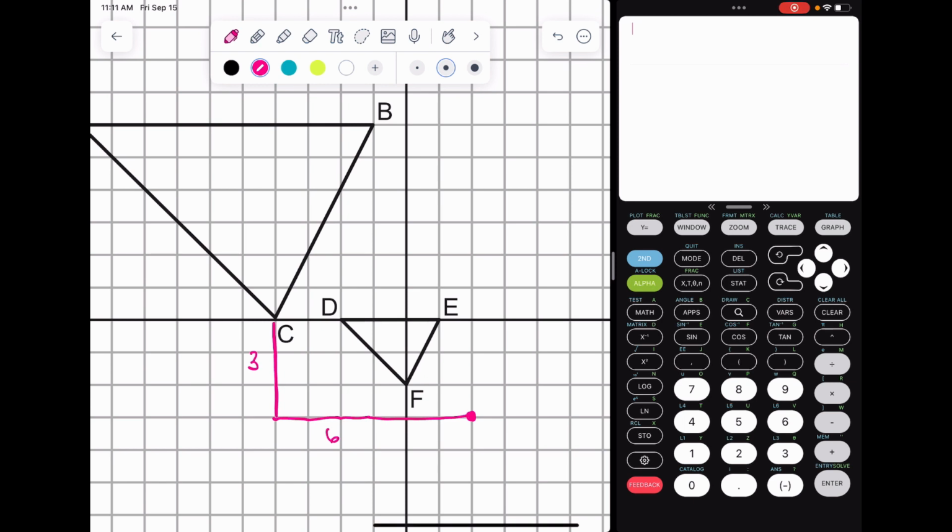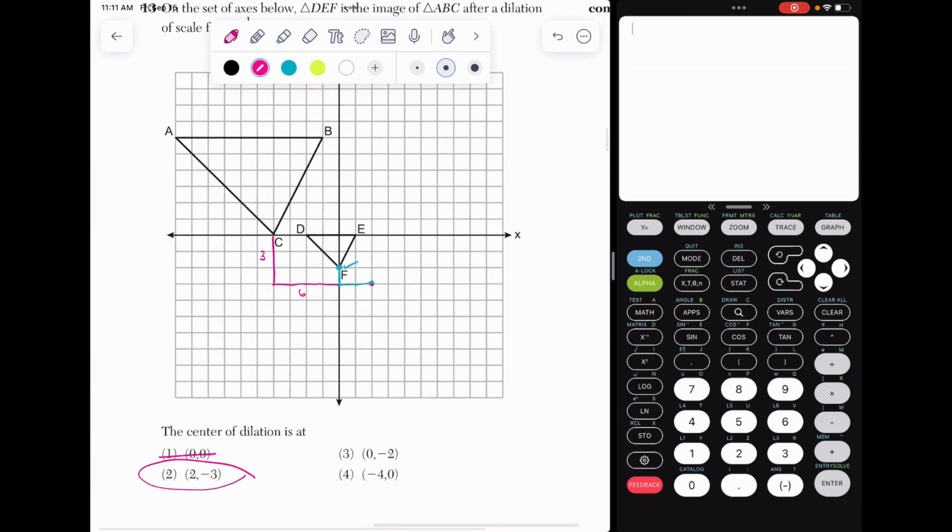So if I divide each of those values by 3 or multiply by 1/3, I'd be going, I'll do this in a different color, left 2, up 1. And you can see that lands where F is, and that works. That's what we want to happen. That means the dilation is showing 1/3 as the scale factor. I could do the same thing for D and E, and that will verify my answer, but the answer is yes, choice 2, (2, -3).